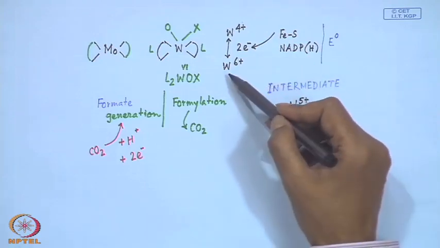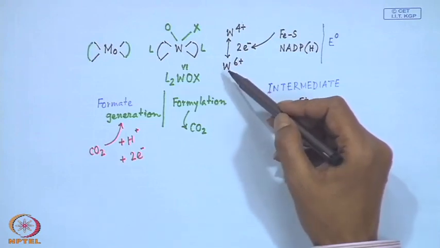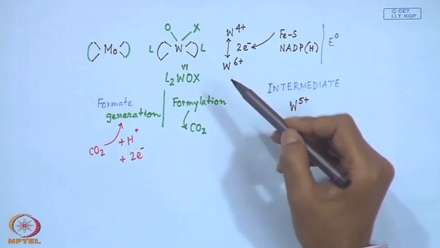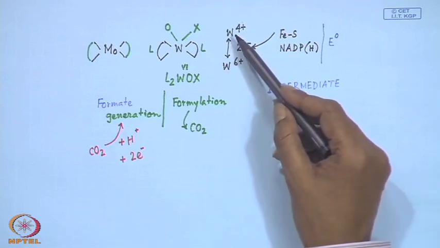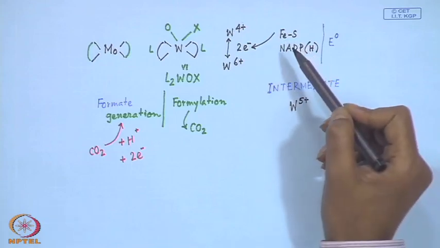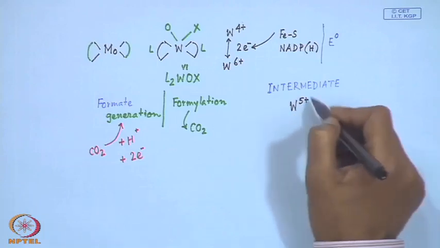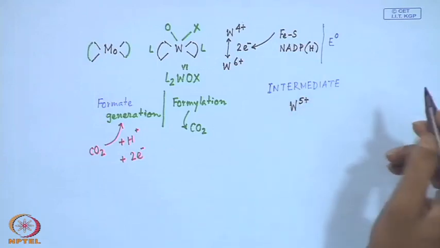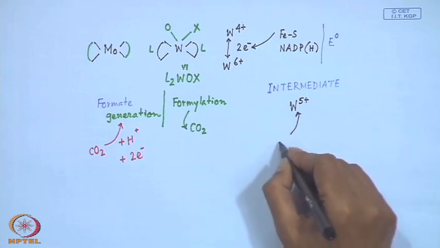That means the tungsten is not jumping directly in one single step, it is not a complete 2 electron transfer process such that it goes down to the tetravalent state immediately when it reacts with either the ferredoxin molecule or the NADPH molecule, but it can go through the intermediate oxidation state, that means the pentavalent tungsten state. So, this can be nicely detected.